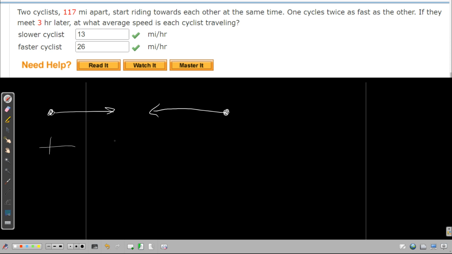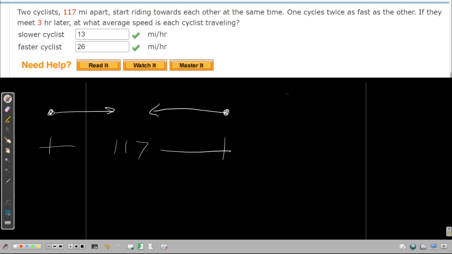So this distance is 117, and one cyclist is twice as fast as the other, and they meet up 3 hours later.